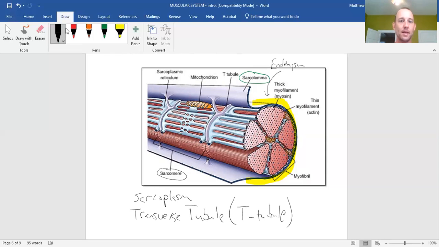Know that it has the same organelles that most of your other cells have. Look, we've got a mitochondria in here. If you could look closer, you would see a nucleus. There's something called a sarcoplasmic reticulum. You need to recognize what that is. In addition, it will describe something called a terminal cisternae.